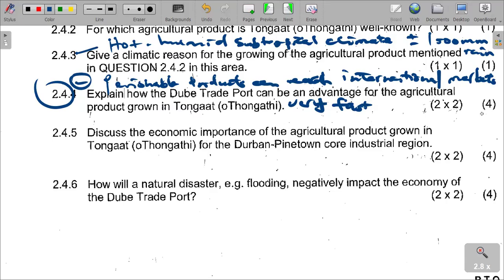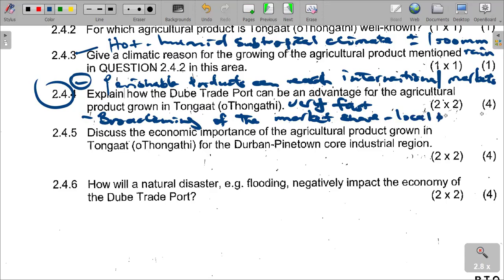We can also talk about the broadening of the market share, which is both local and foreign.